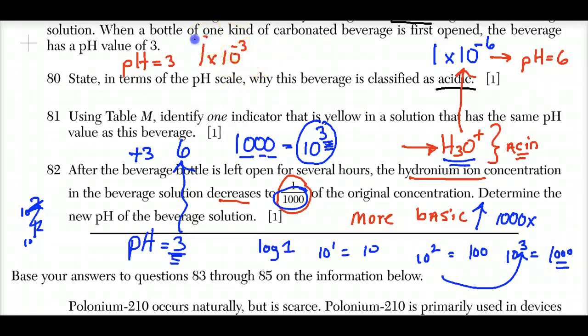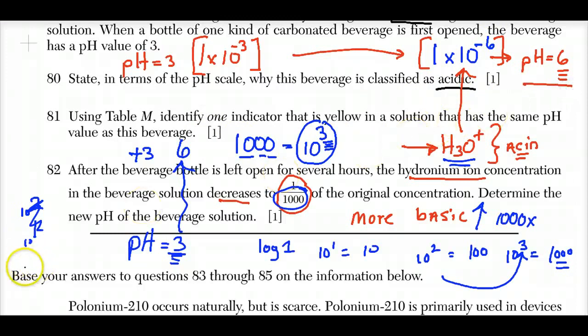And if this number is going to go down 1,000 times, it becomes this number. Isn't 1 times 10 to the negative 6 for the H plus ion, or H3O plus, 1,000 times smaller, right? So the pH increases 3 integers because you're changing your exponent, and each exponent is a 0. So the pH is a 6.